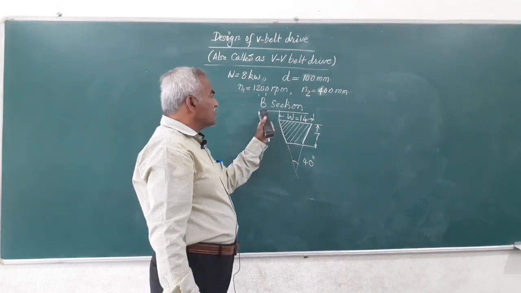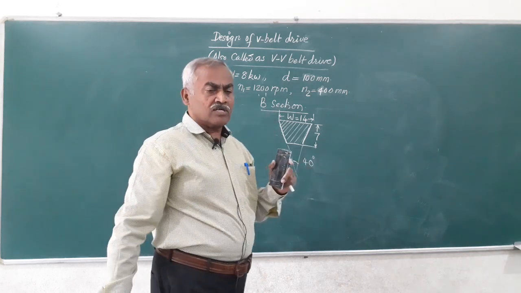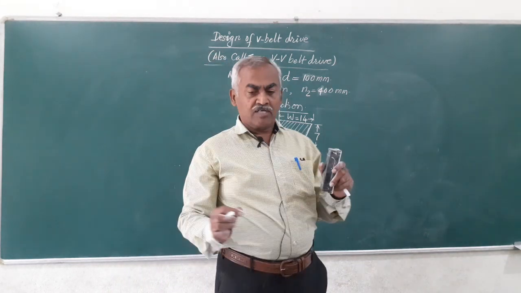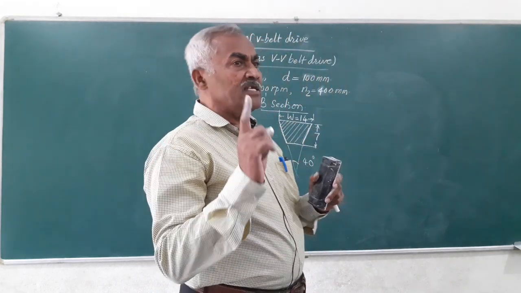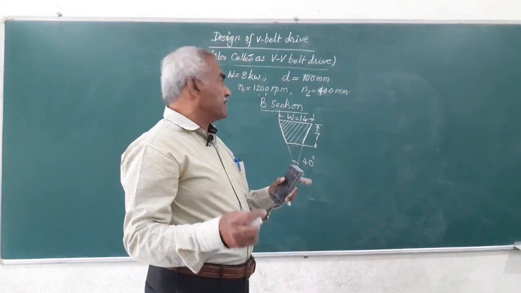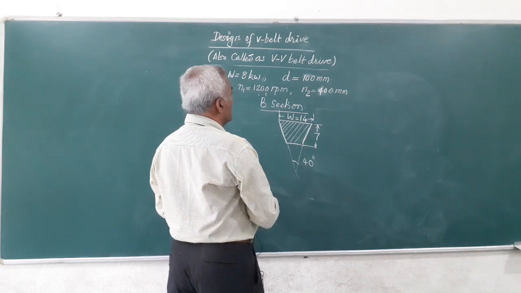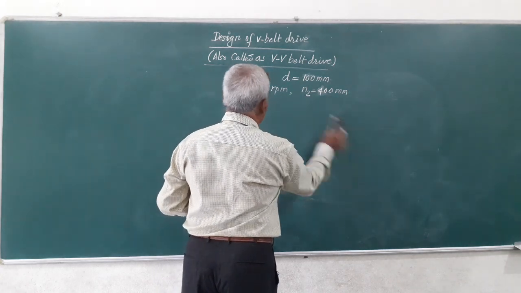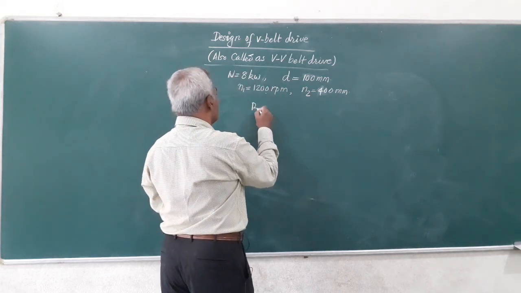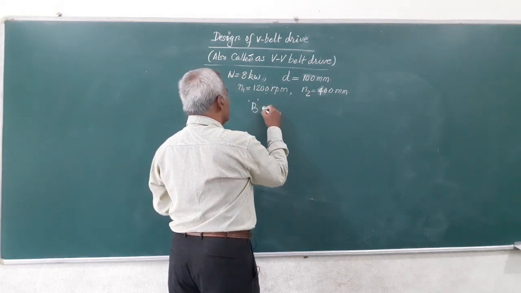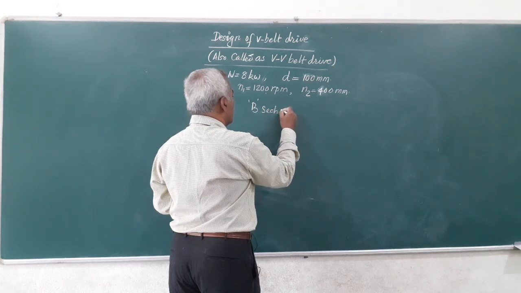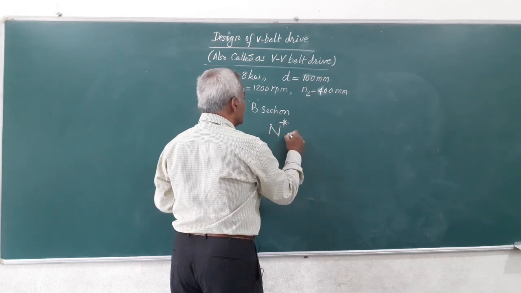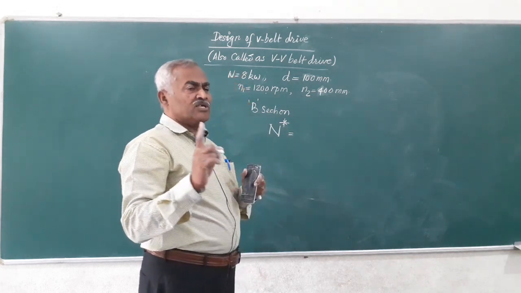And friends, you can also see in the same tabular column, they will also give you what is the power that can be transmitted by each such belt B. So, for every section they have given you what is the power transmitted. So, for example, for B section or C whatever it may be, depending on the section, they will have an expression by name N star, that is the power transmitted by each belt.